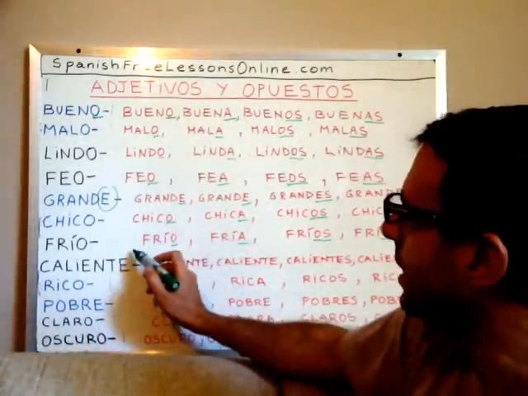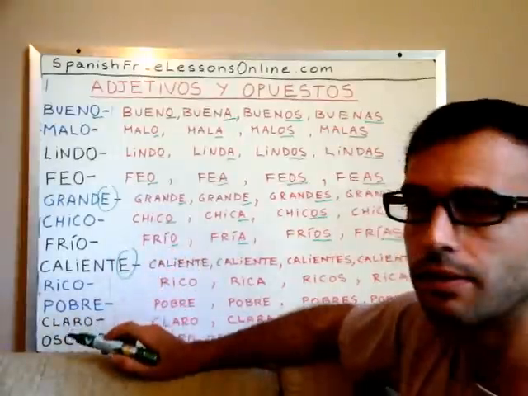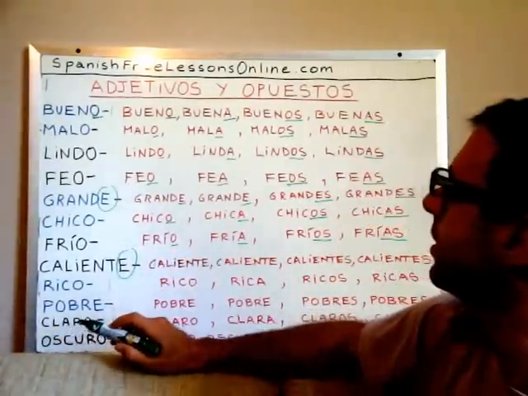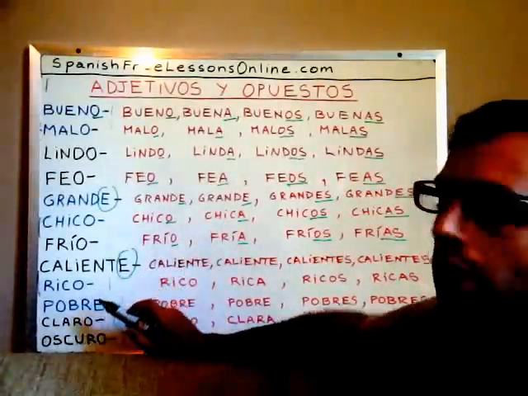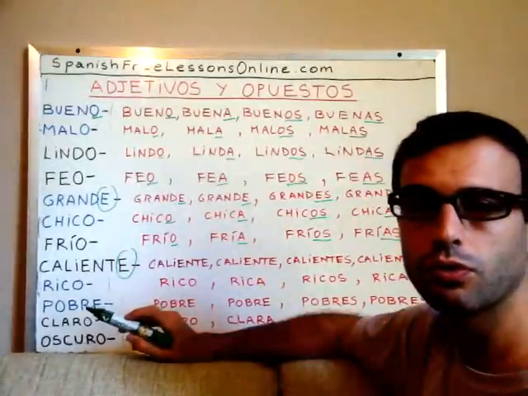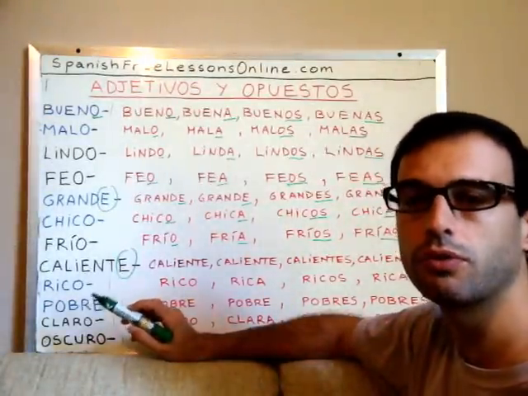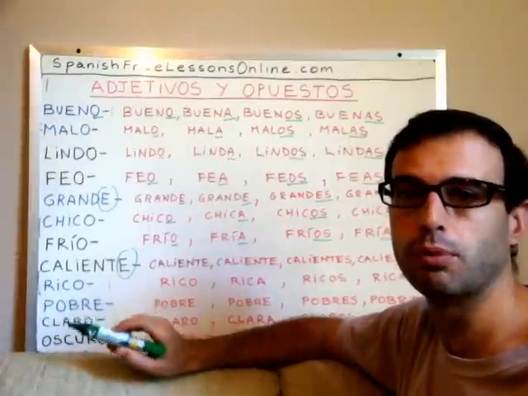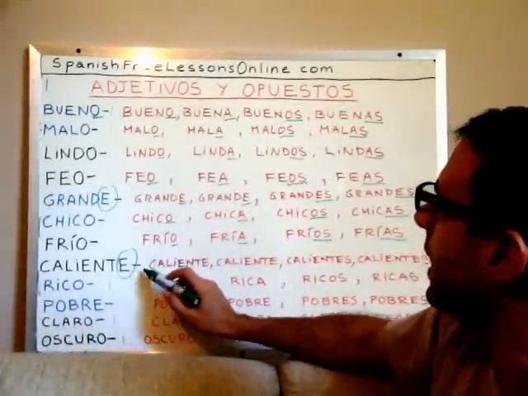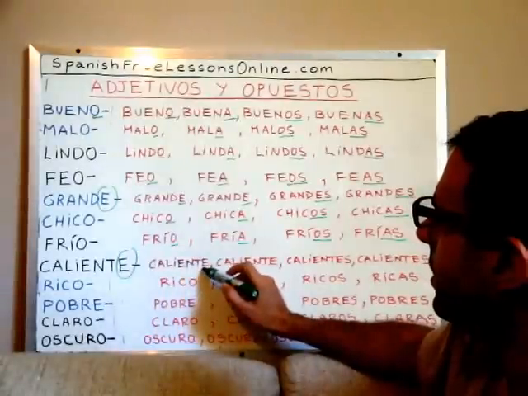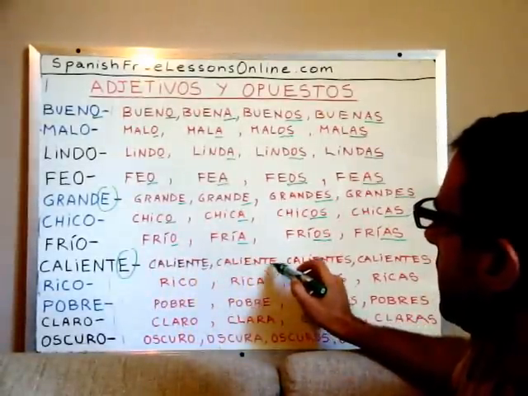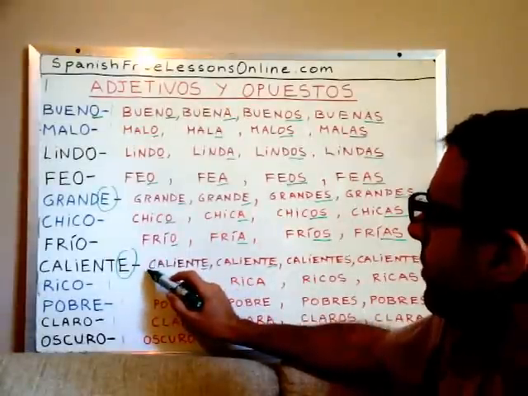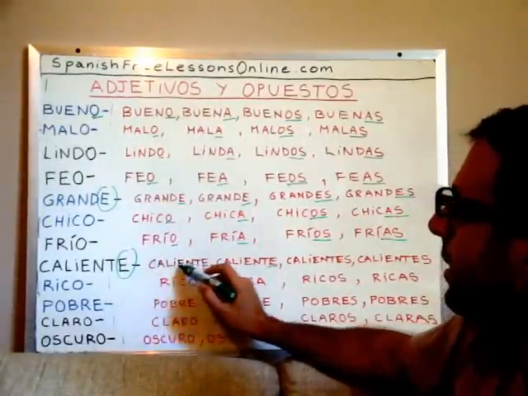Caliente, again, this one ends with E. So this one will not change for masculine or feminine, but it will switch to plural if it is a plural. So caliente, you see, it has an E. For masculine singular, this would be caliente.